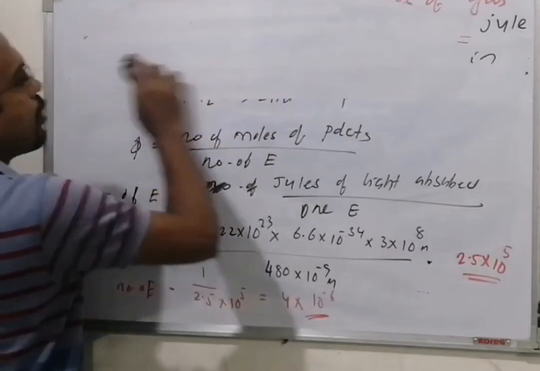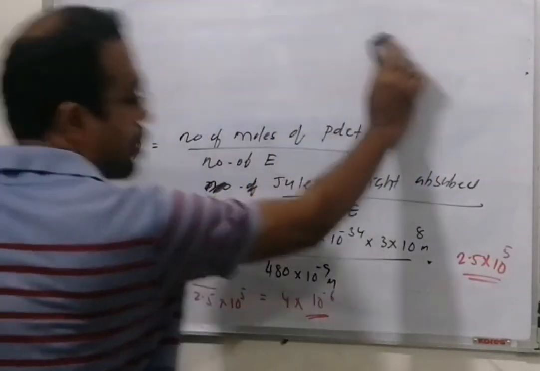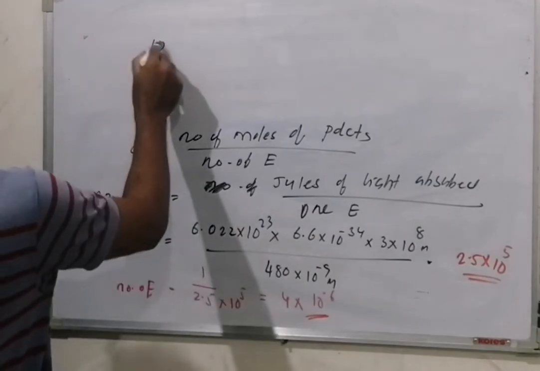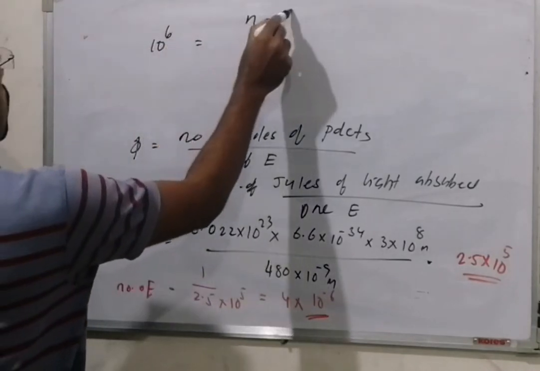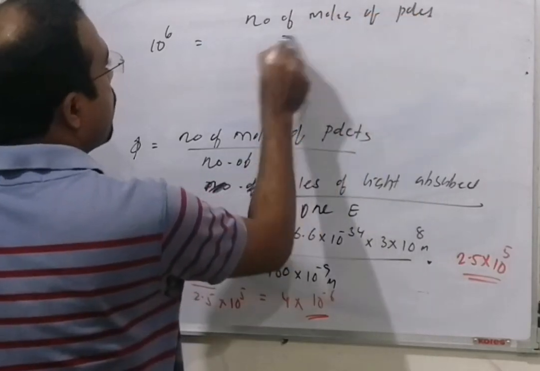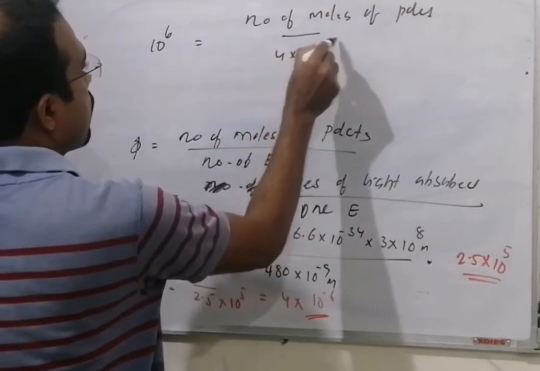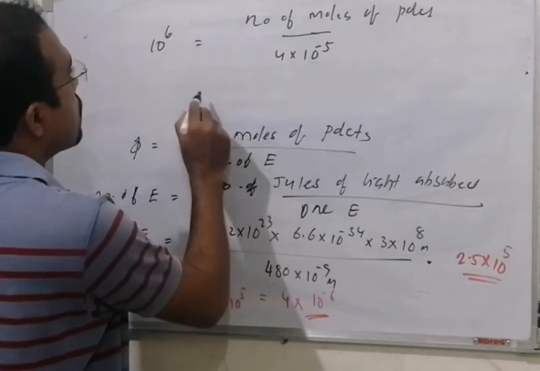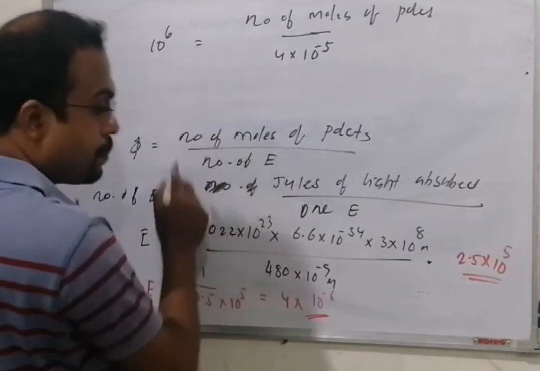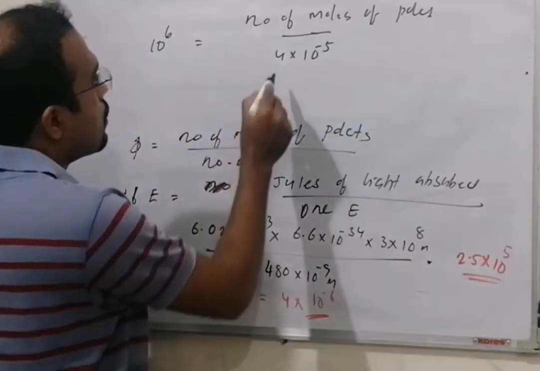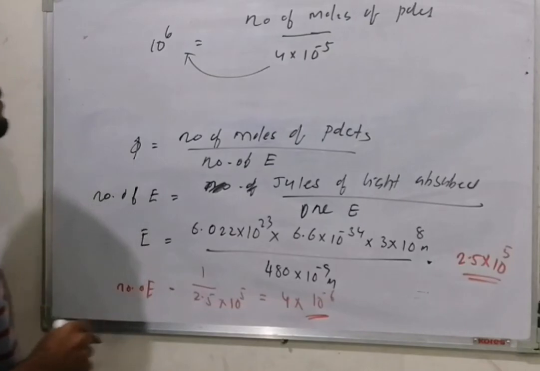Now, we can calculate the number of moles. The quantum yield is given. Quantum yield, 10 raised to 6, is equal to number of moles of products divided by 4 into 10 raised to minus 6. Therefore, when you cross multiply, what do you get? Yes, you will get the answer.